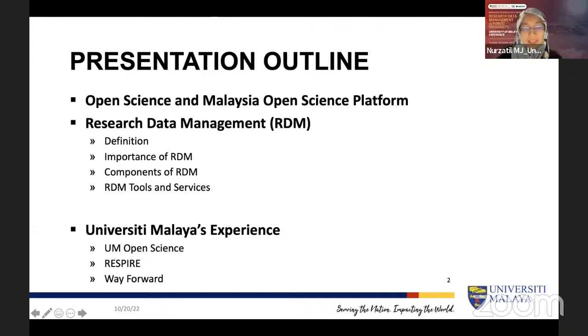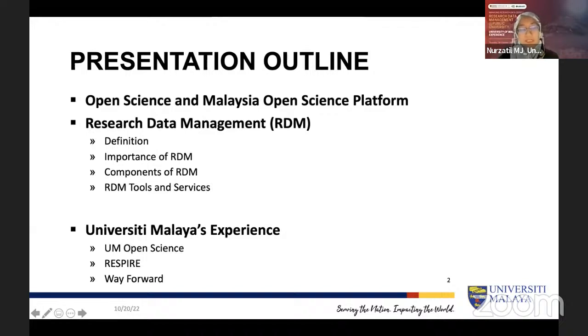And finally, the quite exciting part, I guess, the ultimate aim of this sharing session, is about the experience from University Malaya itself. The way I'm going to approach this is to show you our approach in terms of the top-down approach. We have the UM Open Science Initiative.